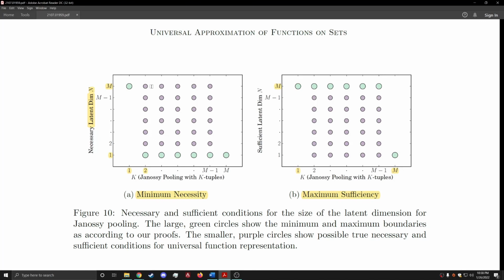So as we look at this, the purple is the question mark region. The purple is saying we don't really know what we need. Here's the minimum of what we know that you need, the bare minimum in order to guarantee these things, and the maximum is saying, well, here's absolutely what you have in order to make sure that you don't miss it.